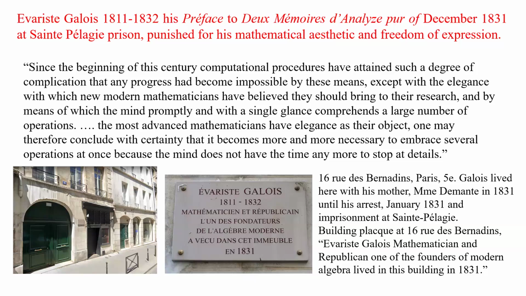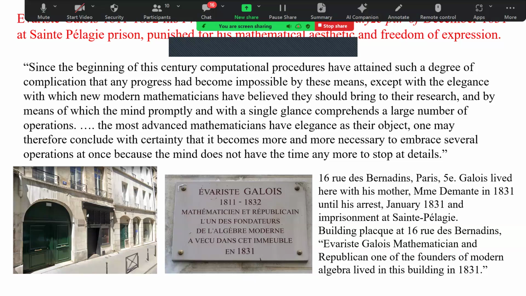And so this 16 Rue des Bernardins is also in the 5th arrondissement, which is in the Sorbonne area, just a stone's throw. And he was living there, he was now in prison at the Saint-Pélagie prison. And that's the last place he lived.